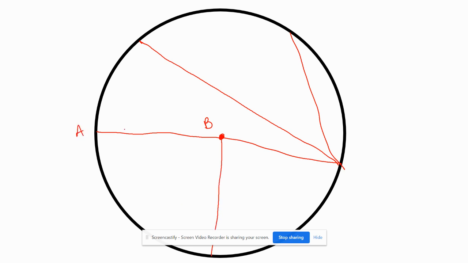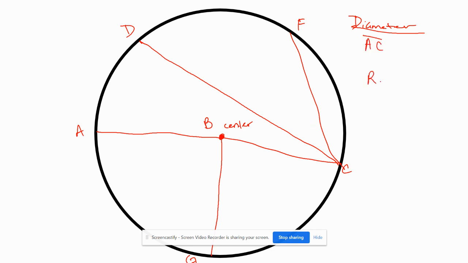Let's say this is A, C, F, B, and let's say this one at the bottom is G. So the diameter would be AC. B is the center, right? So AC would be a diameter.